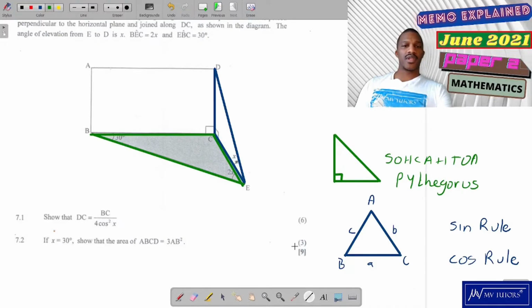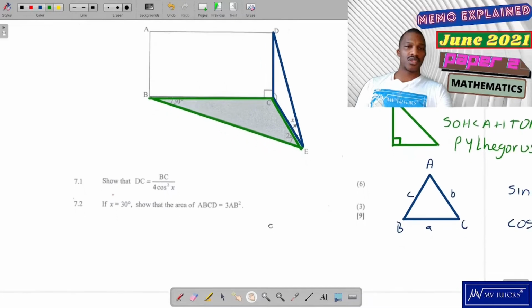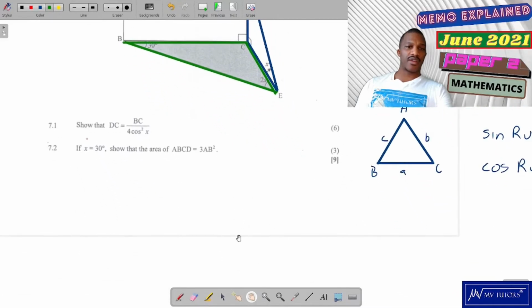Normally what I like to do is that once I've identified which triangle to use, I also draw it at the same time in a more simplified way. So that green triangle is actually like this.